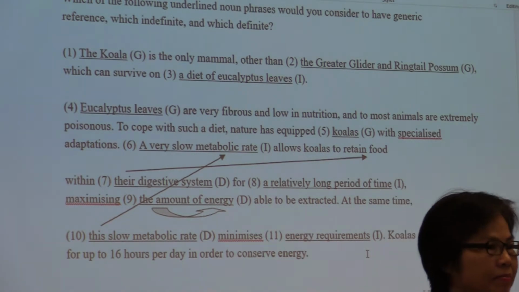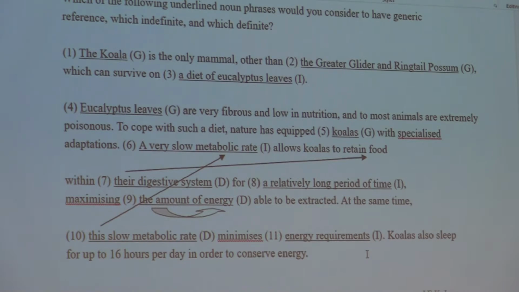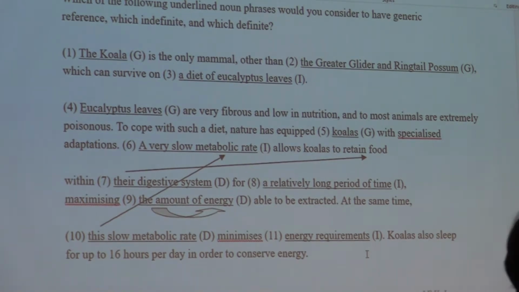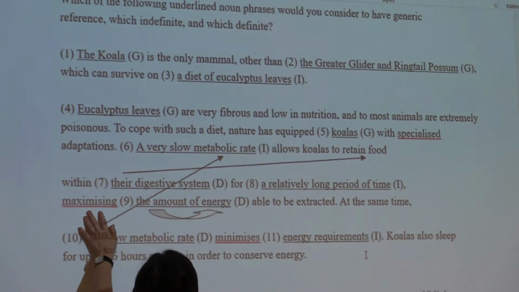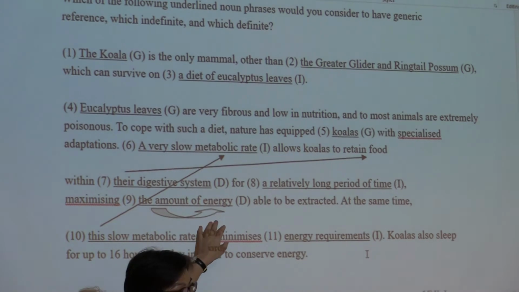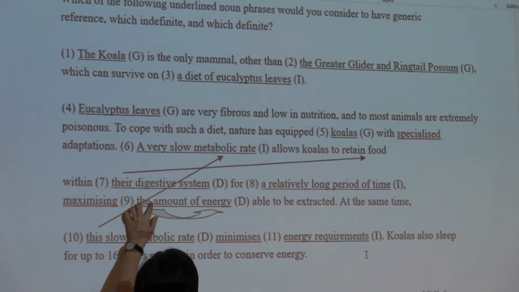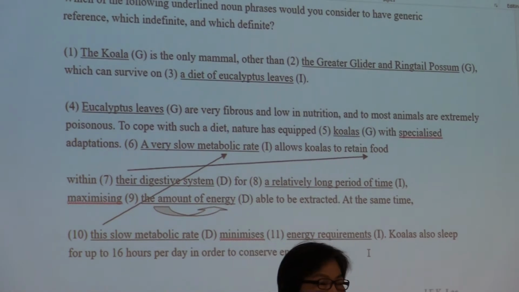So if it's a prepositional phrase, should the head noun be before or after, or is there no rule? Well, you have to look at the meaning there, right? Here it refers to maximizing the amount of something. So this is the head noun, the determiner, and then the postmodifier of energy is the postmodifier.